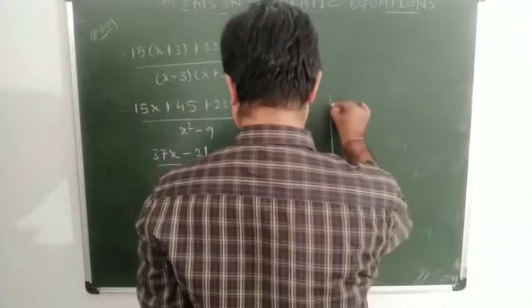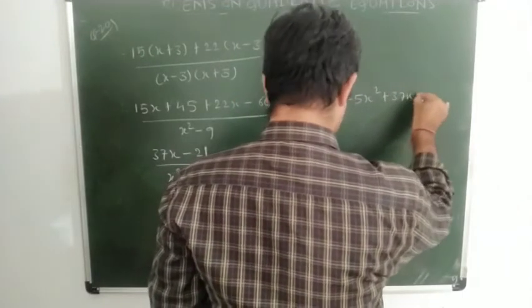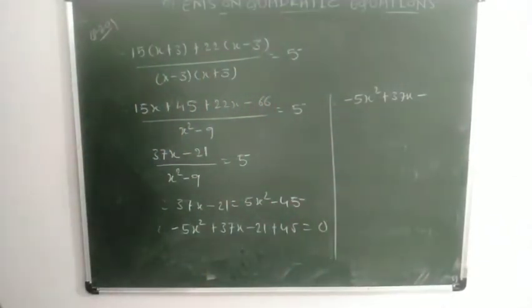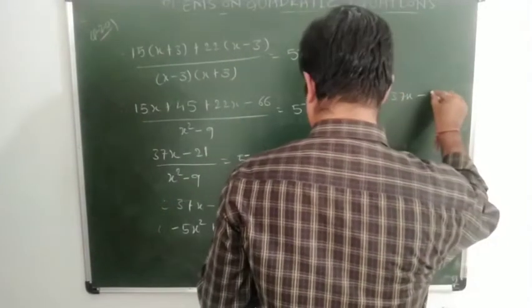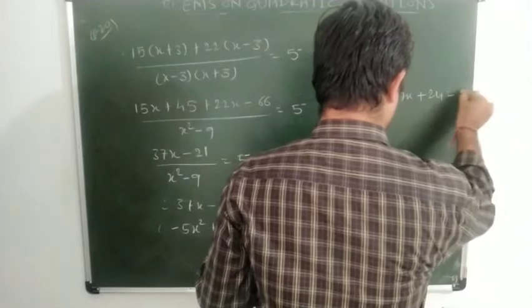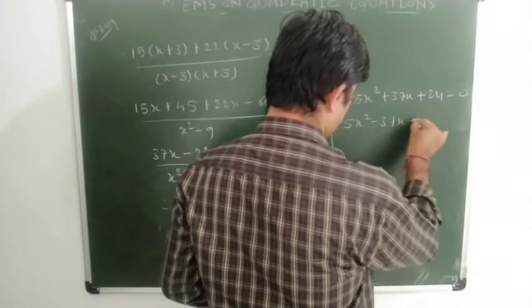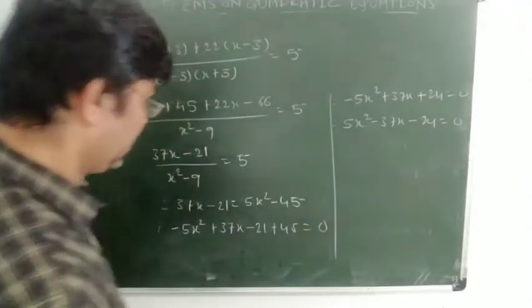Therefore minus 5x square plus 37x plus 24 is equal to 0. Taking minus 1 common, we have 5x square minus 37x minus 24 is equal to 0.